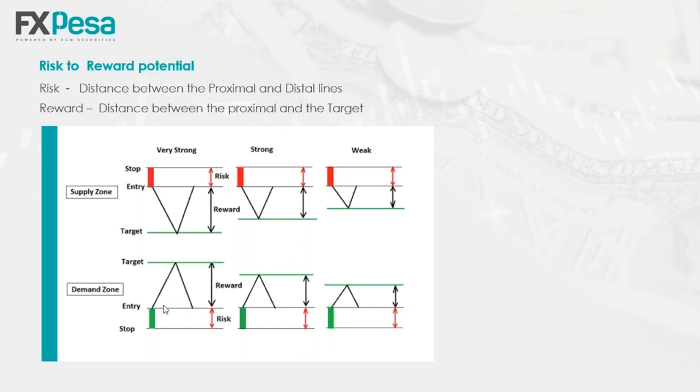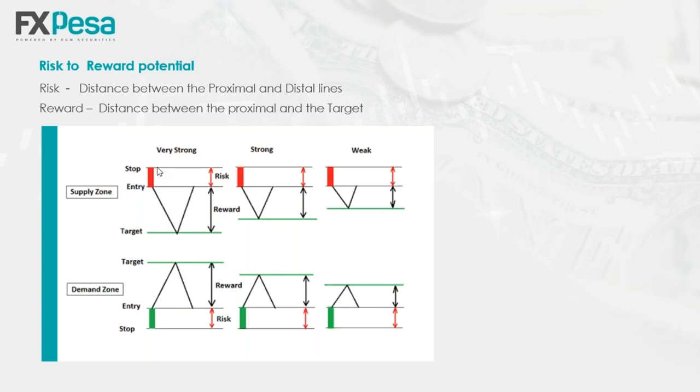So the extent of that range is what you should use to measure your take profit. The take profit can be the distance between your proximal line and the highest level of that range.